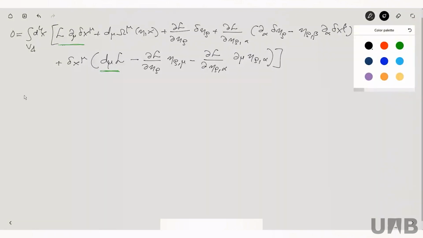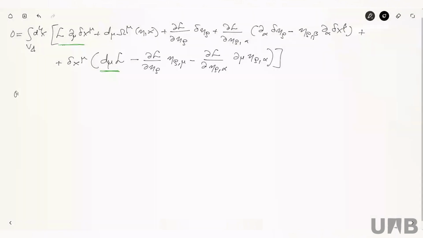How? Well, like this. So I'm going to write it as 0 equals integral over b4 d for x, and I can write it as total derivative of the product of L times delta x mu, right? So this is the green term.